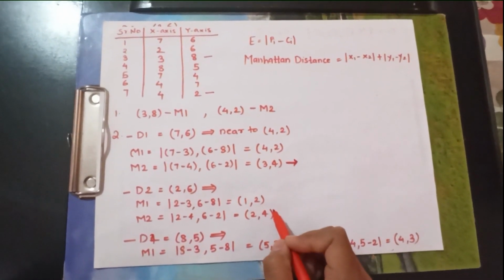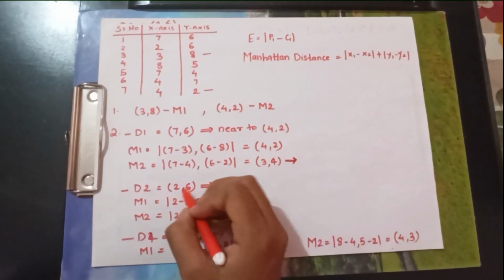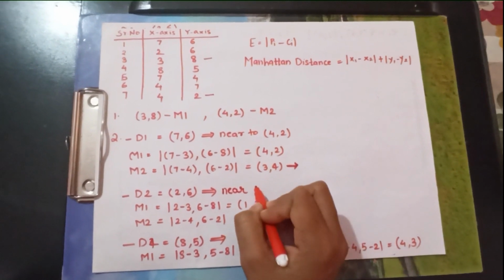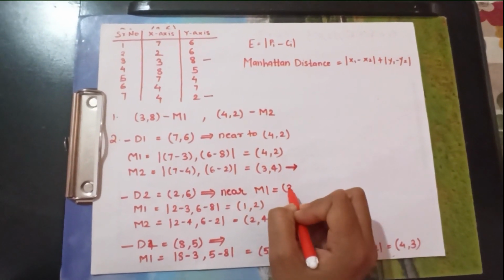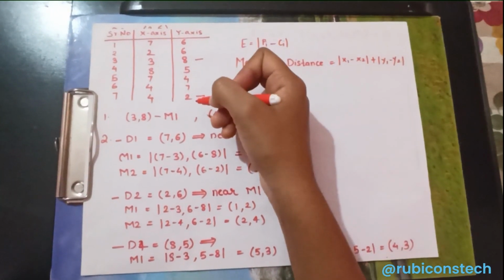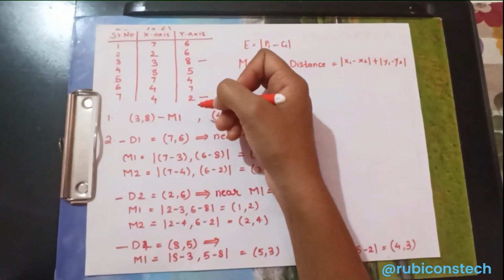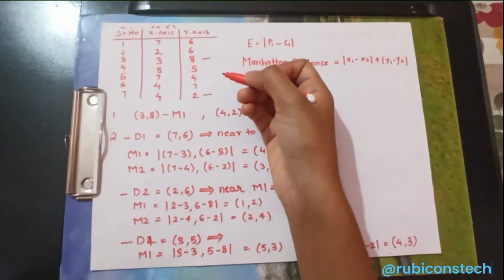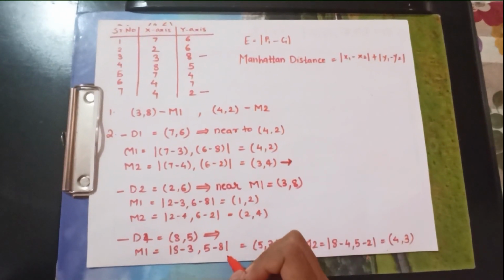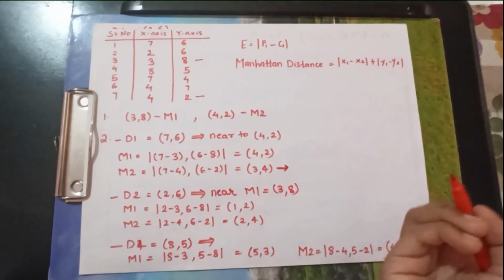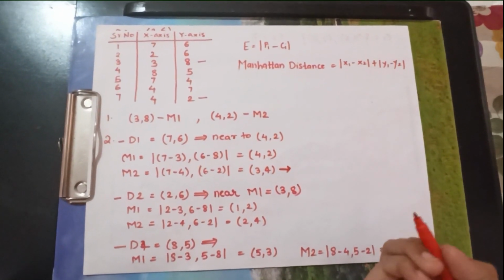On comparison, we can see that the data point (2,6) is near to our medoid 1, that is (3,8). By visually observing the data points you can also analyze which data point is near to which medoid, or you can use this formula to calculate the distance, or for cross-verifying you can use this formula.